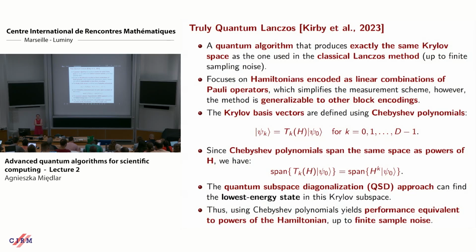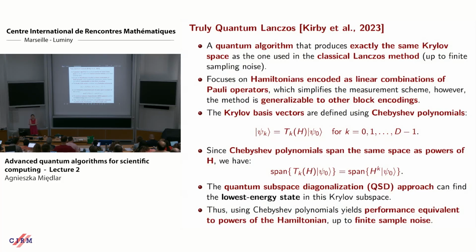Why did I talk about qubitization? This is now clear, and it is what we know from classical numerical linear algebra: Krylov subspaces can be described very nicely using Chebyshev polynomials.